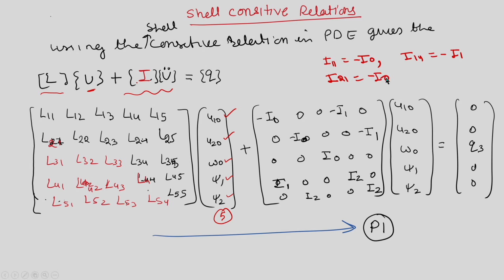These are the components of the inertia matrix, and the time derivatives of the primary variables are u1 double dot, u2 double dot, w0 double dot, psi1 double dot, psi2 double dot, and the load matrix. Basically, it is a column matrix. So, the array is written like this.